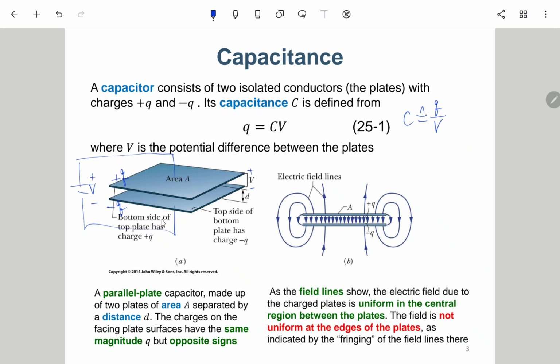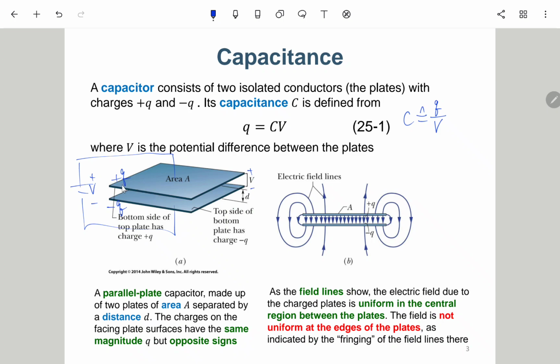The bottom side of the top plate has the charge plus Q, and the top side of the bottom plate has charge negative Q. This positive Q and negative Q are of opposite polarity, so they will attract each other.